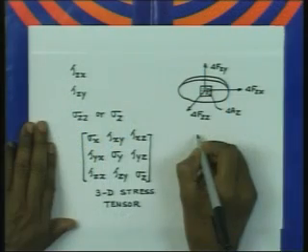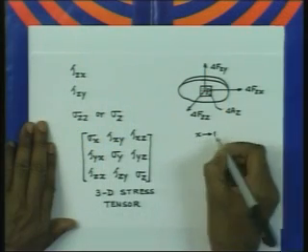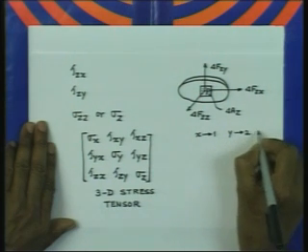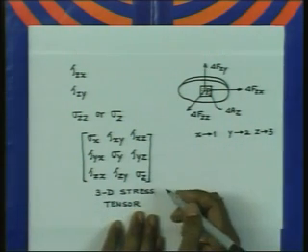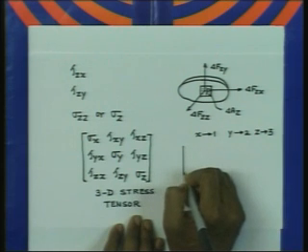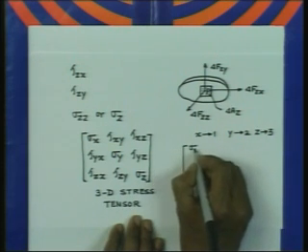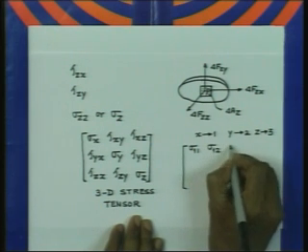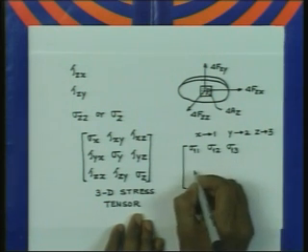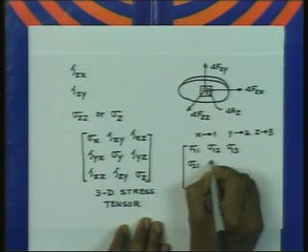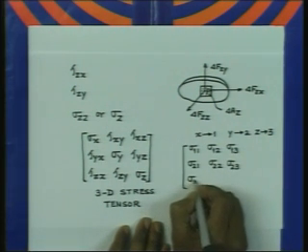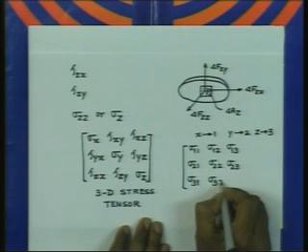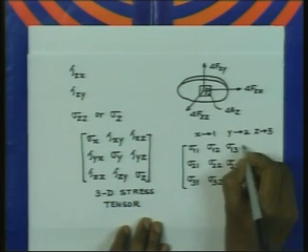If we make use of the index notation, if we indicate the x direction by 1, y direction by 2 and z direction by 3, then we can represent these stresses in the following form: sigma 11, sigma 12, sigma 13 on the plane 1, sigma 21, sigma 22, sigma 23 on the plane 2, and sigma 31, sigma 32 and sigma 33 on the plane 3.